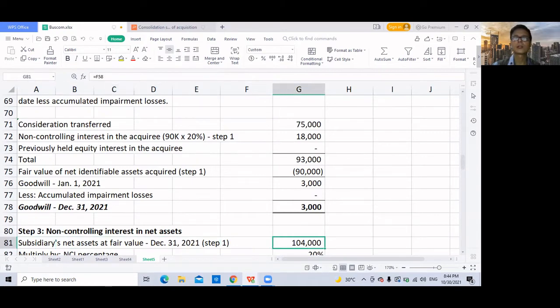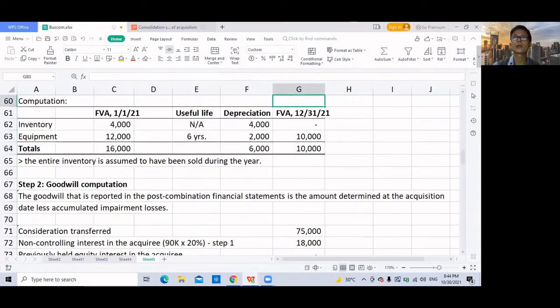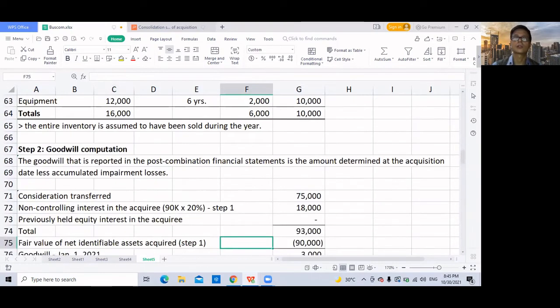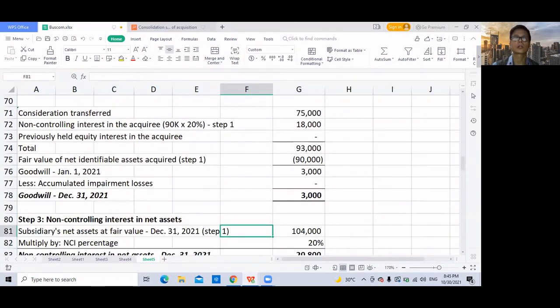We have computed that yung sa step 1. So that's 104,000. Yan, 94 plus 10. Yung December 31 na net assets ni subsidiary at fair value, that's 104,000.